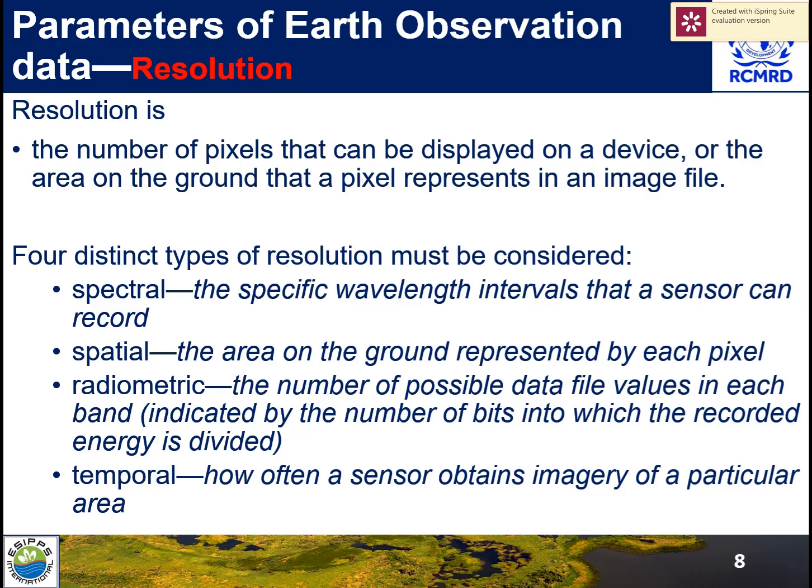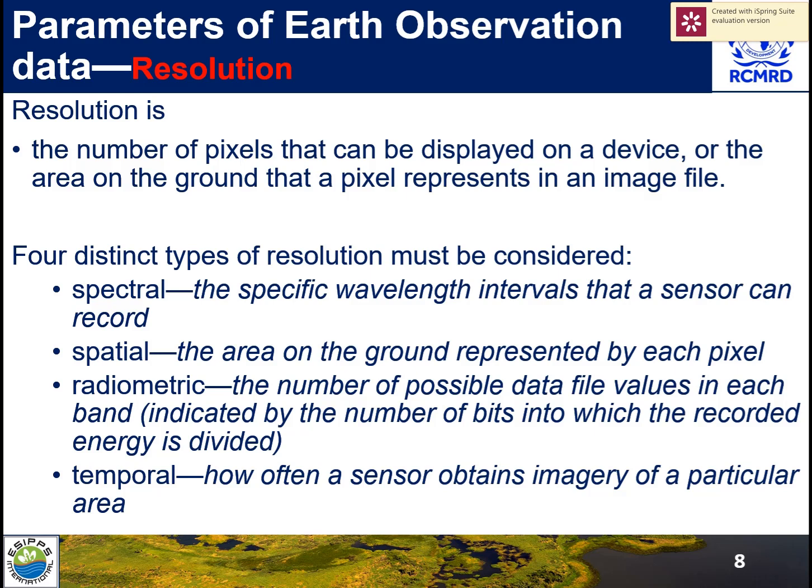This is a very lengthy part to understand, which we will not talk much about. But all you need to understand is that the more possible data file values an object has, the more one can distinguish between this object and another.